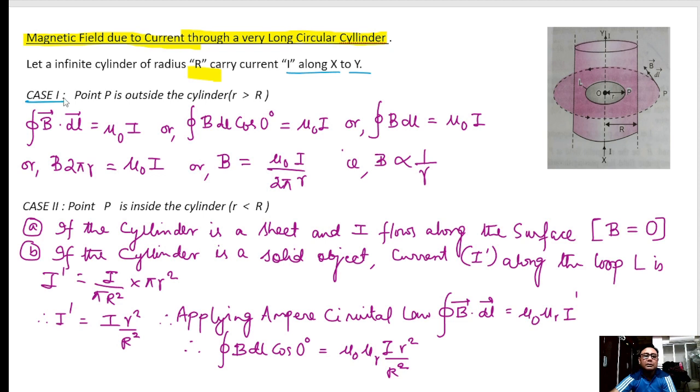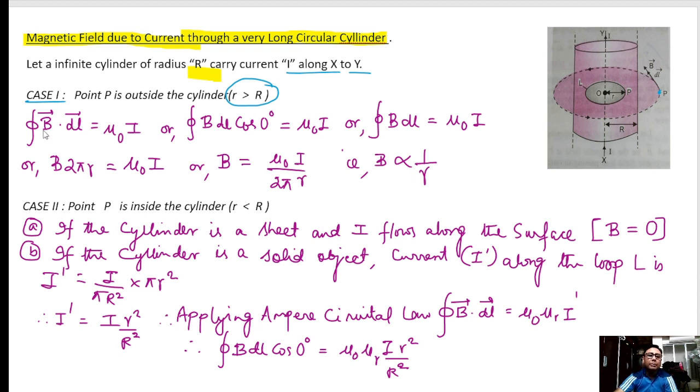Now case 1. Basically two cases will arise here. One, if the point P is outside the cylinder, and second, if the point P is inside the cylinder. Here we will take r greater than R, the radius, because point P is outside the cylinder.